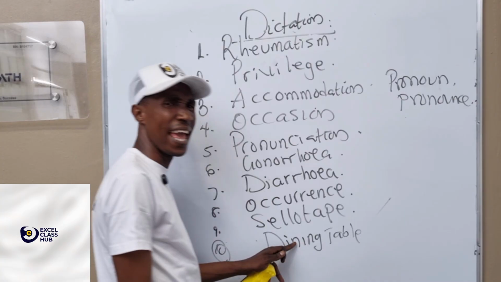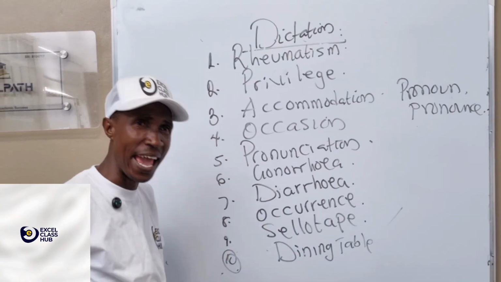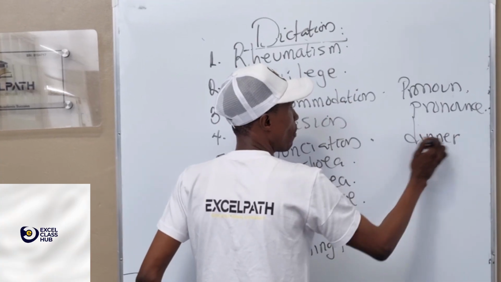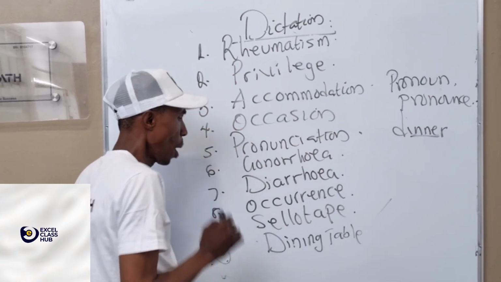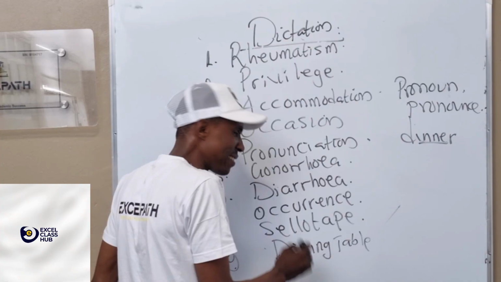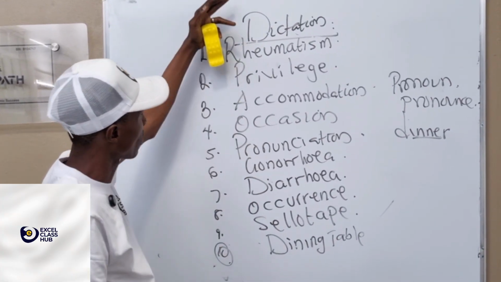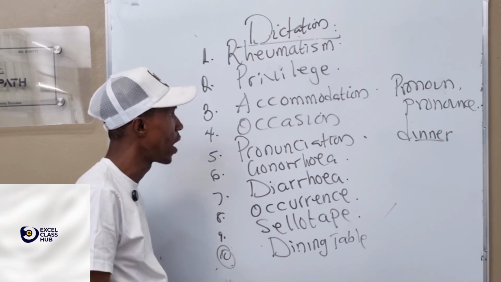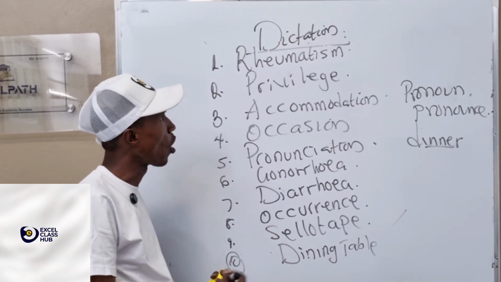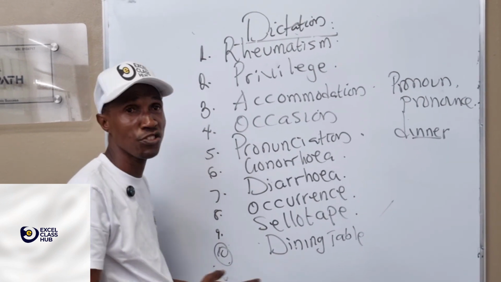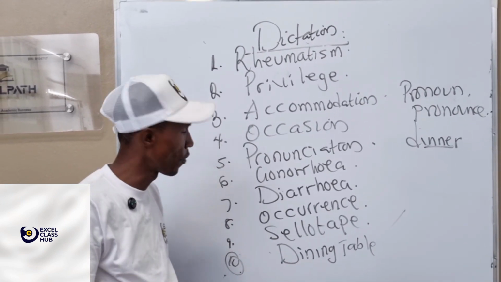It is one N, not double N. But if you are talking about dinner, it is double N. But if it is dining, it is one N. So I want you to go through these dictation words being given to you, and other classes will be looking at other dictation or other spellings. Thank you very much.